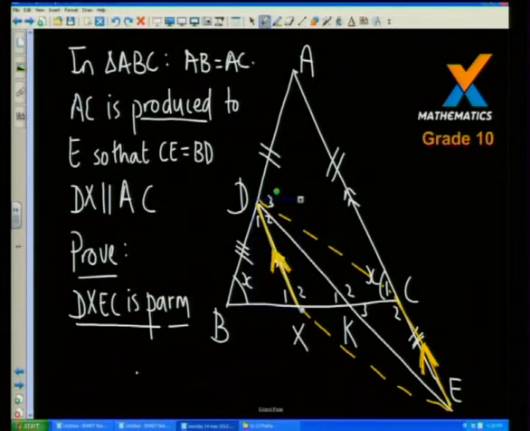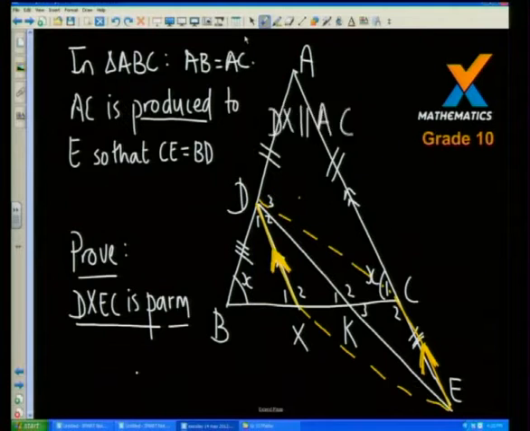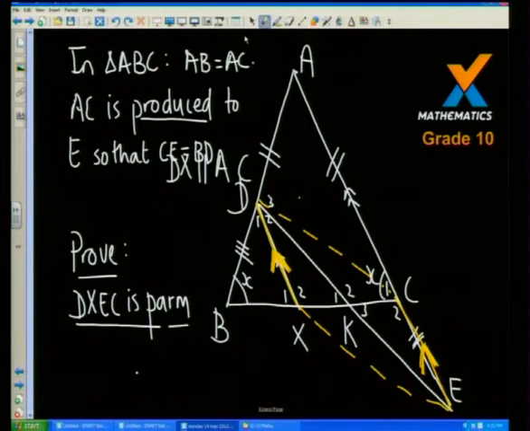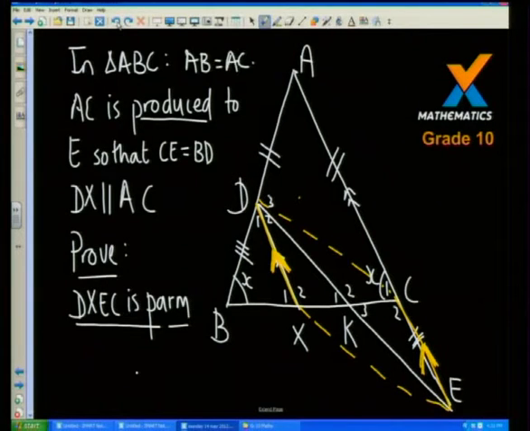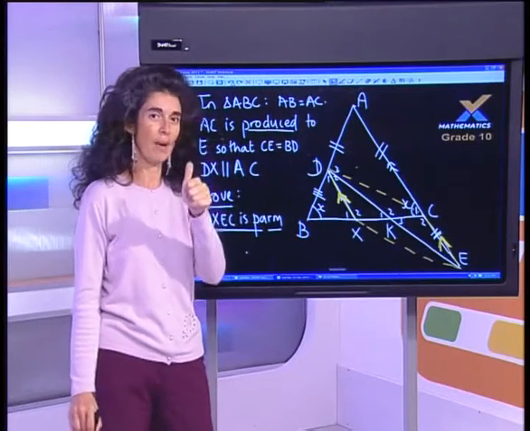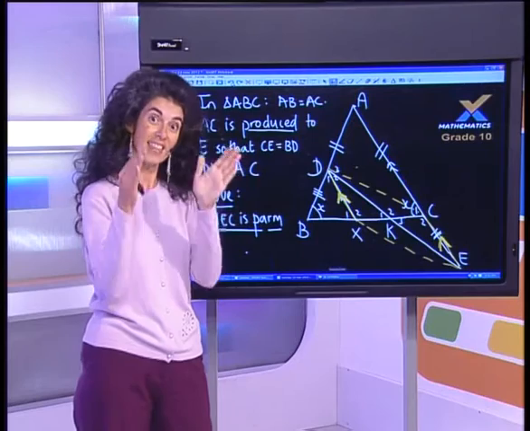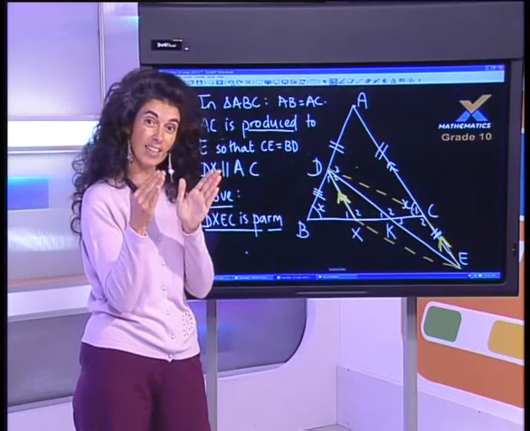Okay, so those sides of the yellow figure are parallel. Now if they're parallel, all that's left for us to do is either, and remember we've got a choice here, to prove that that pair is parallel, or the other way, if you've already got a parallel side, is to show that that same pair of sides is equal.